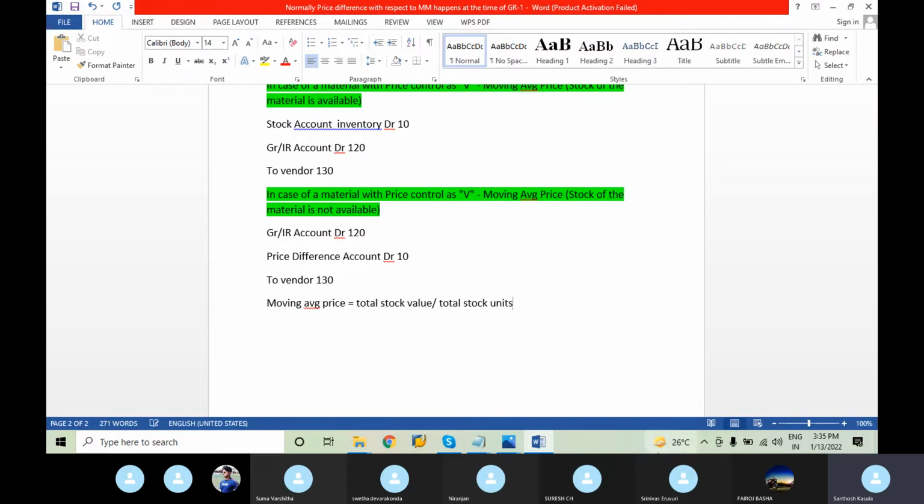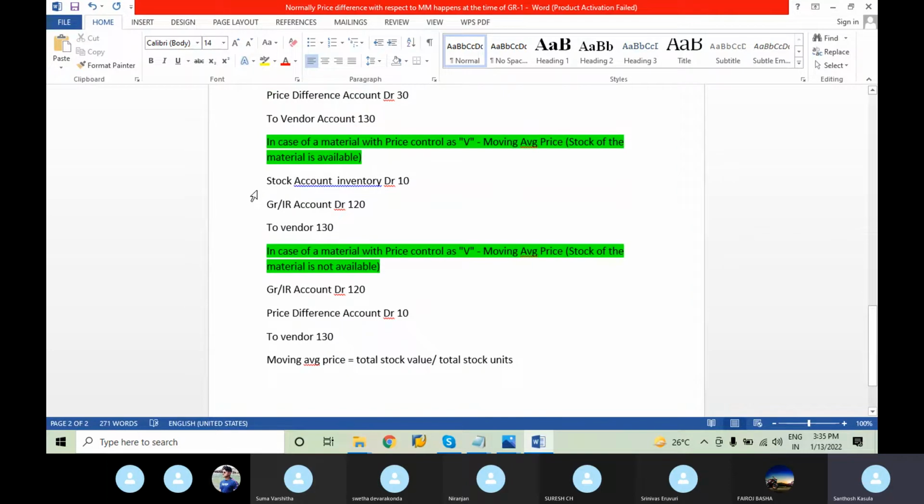So what is the number of units? This is the price. So when we know the stock material is available, we'll enter it as inventory, not as price difference. Inventory account difference. How much is the difference? So the inventory account is 10 rupees, the GRIR account is 120, and what we have to pay is 130.